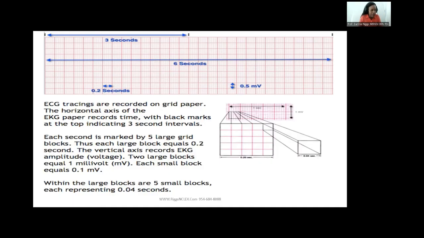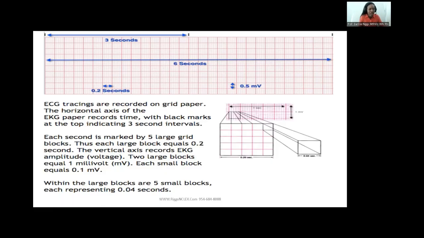Think about that. This is a big box pulled out so you can see the big view. Every big box has 5 little boxes, and every little box in time is 0.04 seconds. If you multiply that by 5, a big box is 0.20 seconds. Keep that in mind.